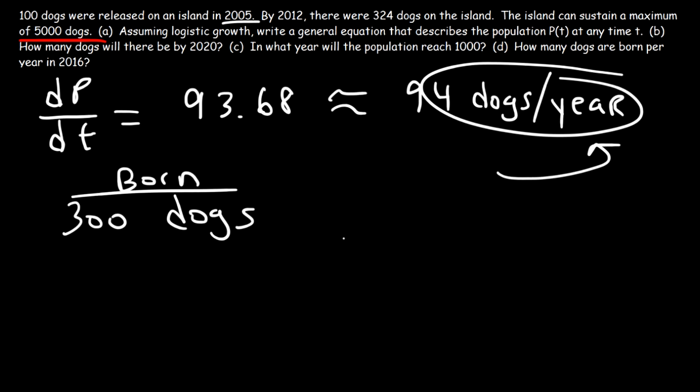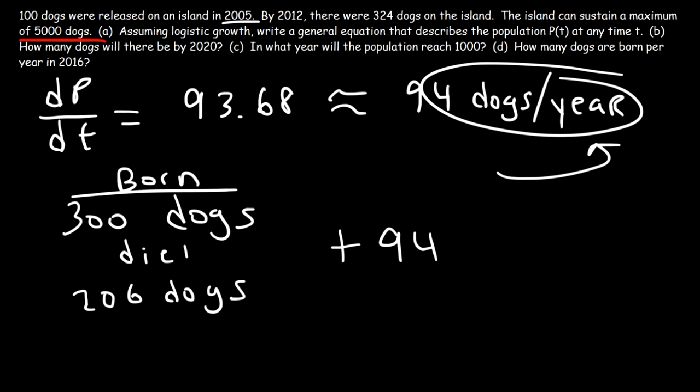Now keep in mind, the population increased by 94. That means 300 minus 94 is 206. So if 300 dogs are born that year, that means 206 have died that year, which means that there's a net gain of 94 dogs in that year.